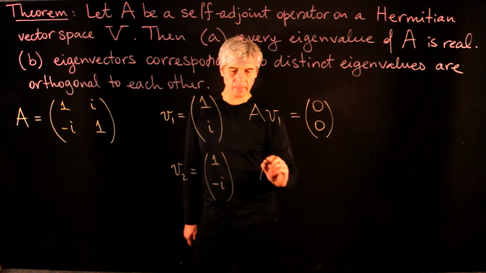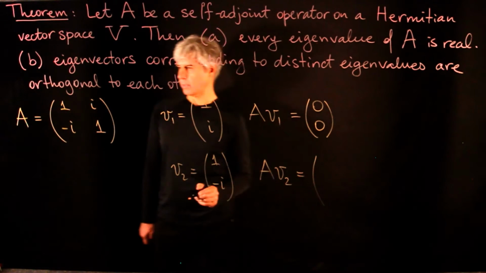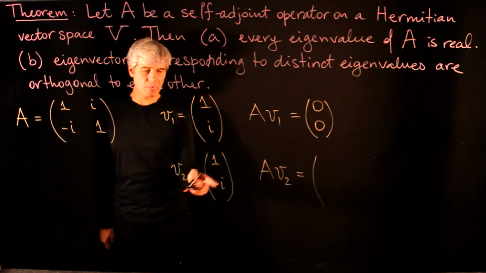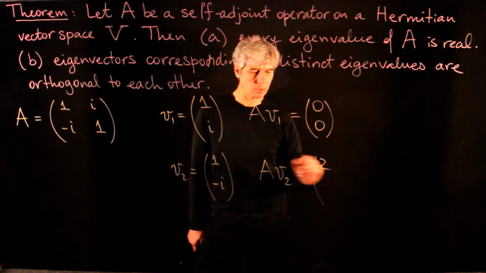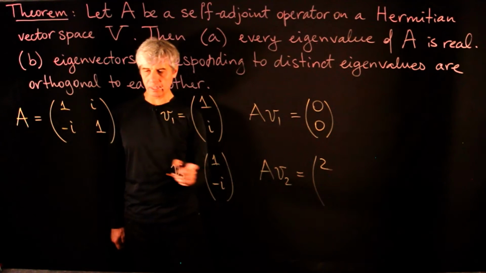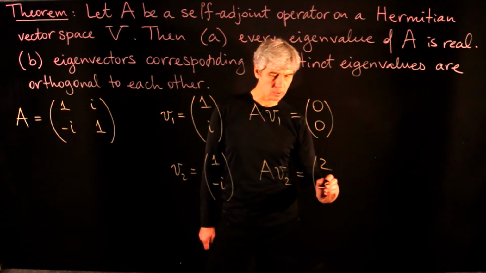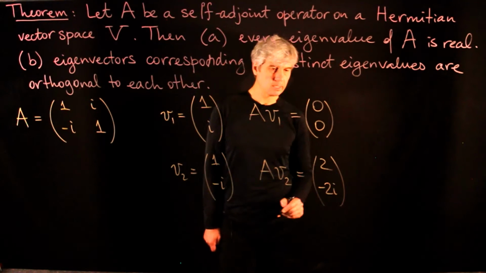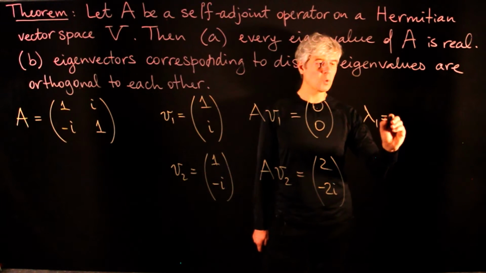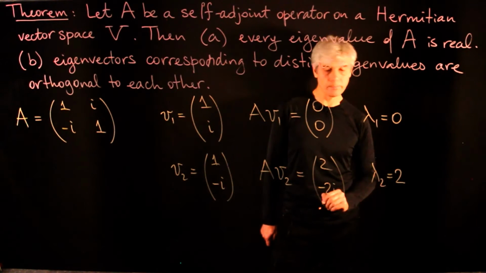And if we multiply the second vector by A, then here we're going to get i times minus i, which is plus 1, so we get 2 here. And we're going to get minus i plus minus i, so this is going to be minus 2i here. And so what we see is that the eigenvalues are lambda 1 equal to 0 and lambda 2 equal to 2.